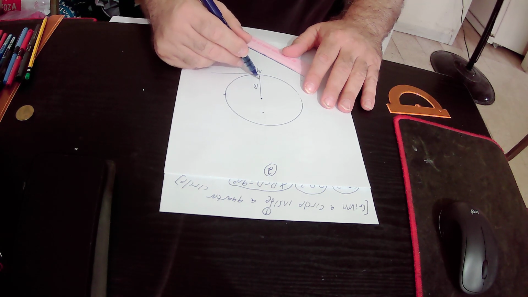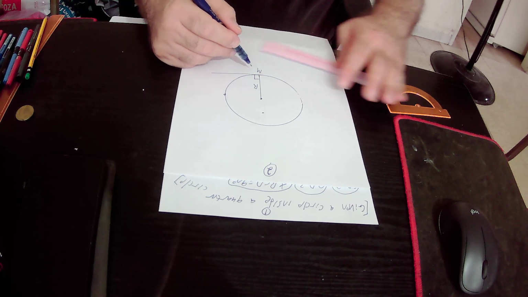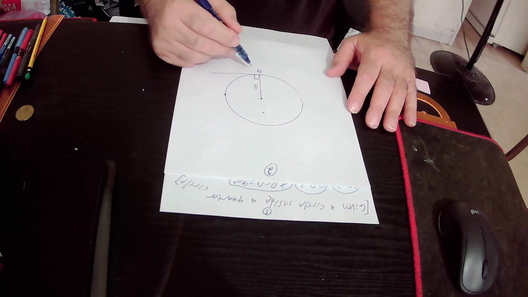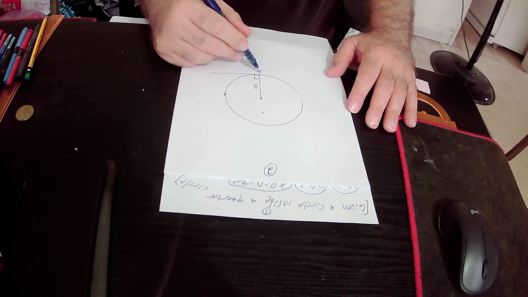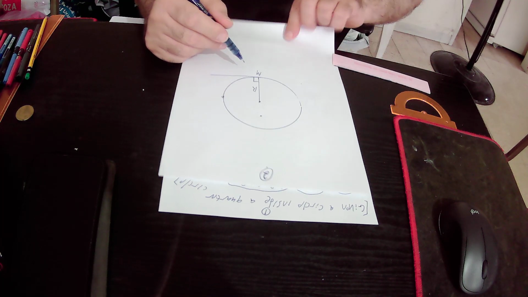That is to say, this angle equals 90 degrees, because the radius is perpendicular to its tangent. That is to say, this angle equals 90 degrees.